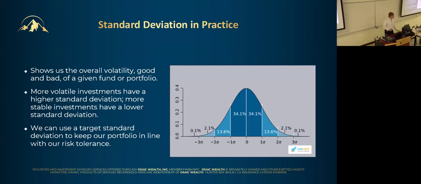So we can use a target standard deviation to keep our portfolio in line with our risk tolerance if we want to. If you say you like 8% standard deviation, if that feels pretty comfortable to you, that on a year-to-year basis you go up 8 or down 8 from your average, then you can create a portfolio like that. Spoiler alert, that's kind of what a balanced portfolio is for the most part. So you can really just use that to gauge where you want to be.